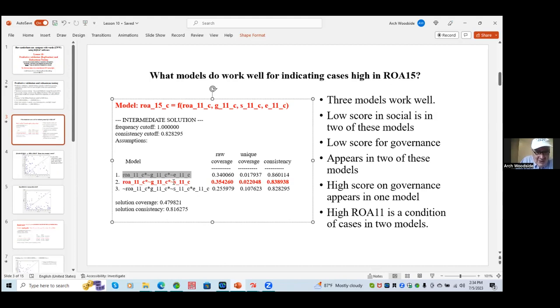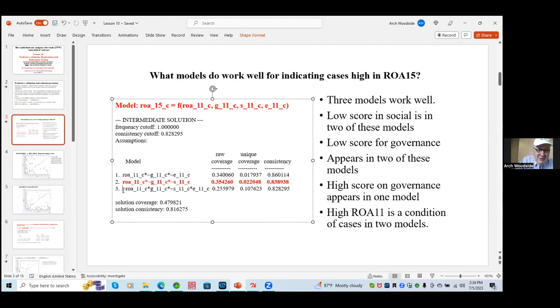and then the second model also has a negation of G and a negation of S in the model. And then the third model actually has low ROA in 11, indicating high ROA in 15, along with these 2 conditions, which includes high governance and low social condition as a configuration.